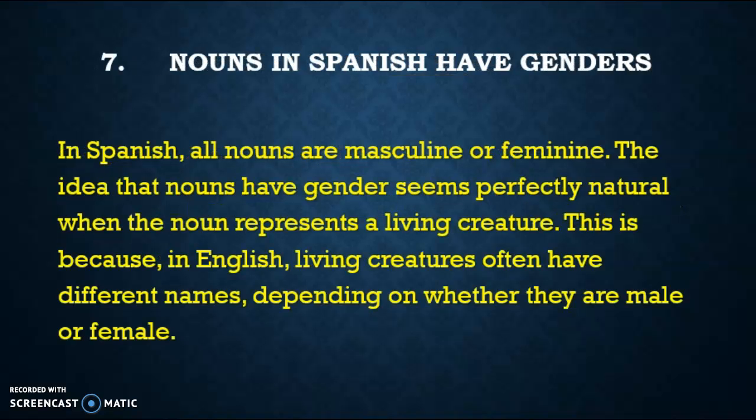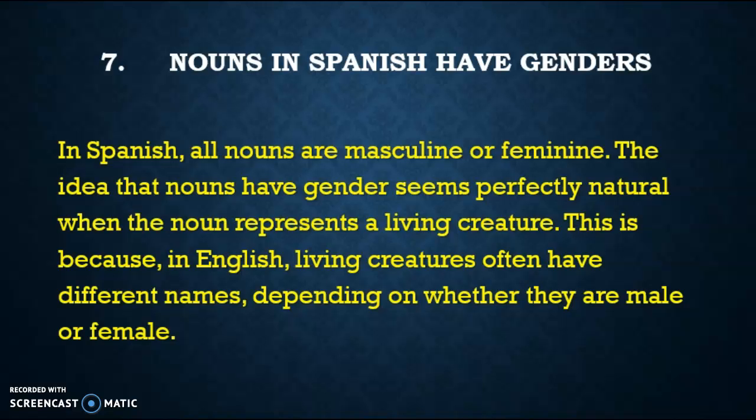The next one is noun. In Spanish, nouns have gender. In Spanish, all nouns are masculine or feminine. The idea that nouns have gender seems perfectly natural when the noun represents a living creature, because in English living creatures often have different names depending on whether they are male or female. This means in Spanish you make a difference between masculine and feminine.